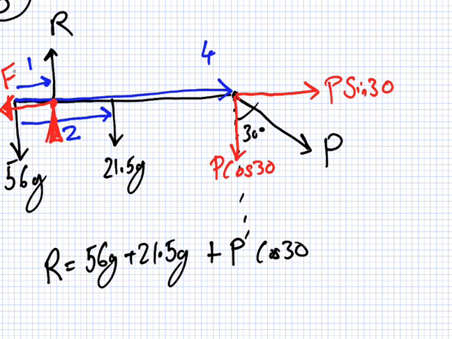P sine 30, right? So there must be some force going to the left, because if there wasn't, the thing would be moving to the right. So there is some friction. But they don't say that until the second part. So sometimes in the exam it's good to read the whole question before you start the first part. Okay? Anyway, so I have OR equals that, that, and that, and then I have F equals that.